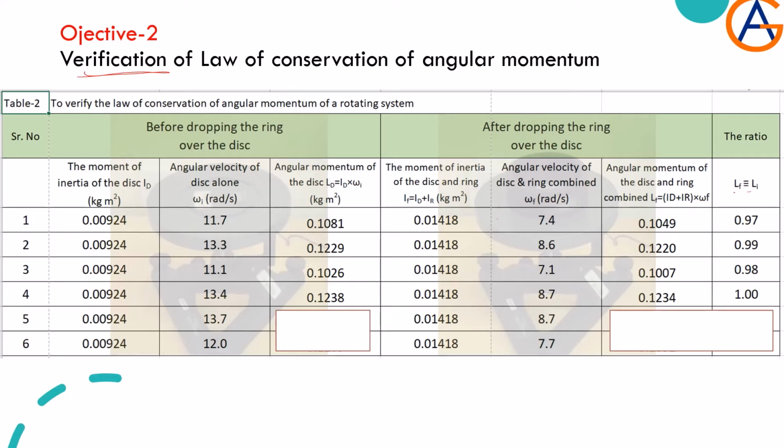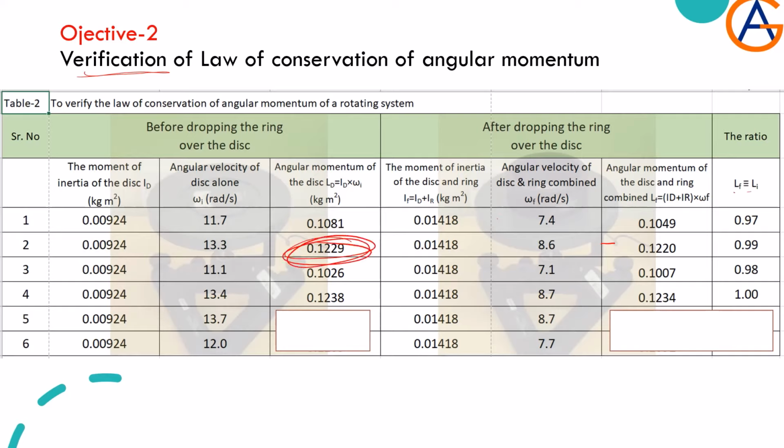In the same way for trial 2, we have taken the initial angular momentum and final angular momentum. The initial moment of inertia of the system, that is only the disk, we multiplied these two and got this answer. The same thing, we multiplied this with this, we got this. Let's observe what is happening here.